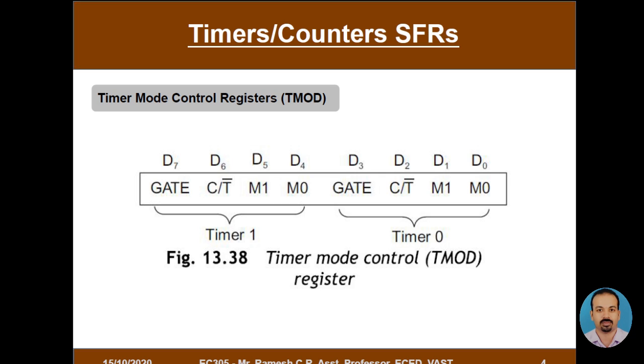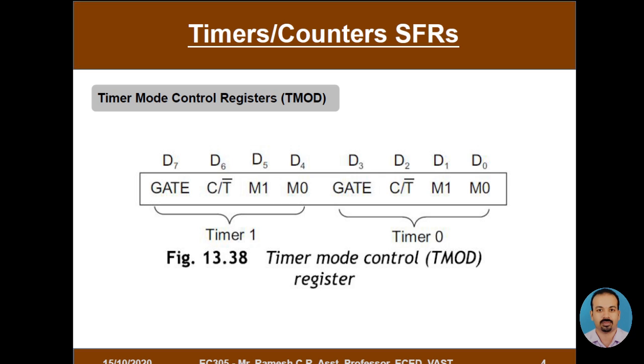So if I am setting the D2 bit as 1, then timer 0 acts as a counter, and if I am setting the D6 bit of this register, then timer 1 will be configured to act as a counter. By default the value of C/T bar will be equal to 0, so that timer 0 and timer 1 can be used as general purpose timers for implementing some delay.